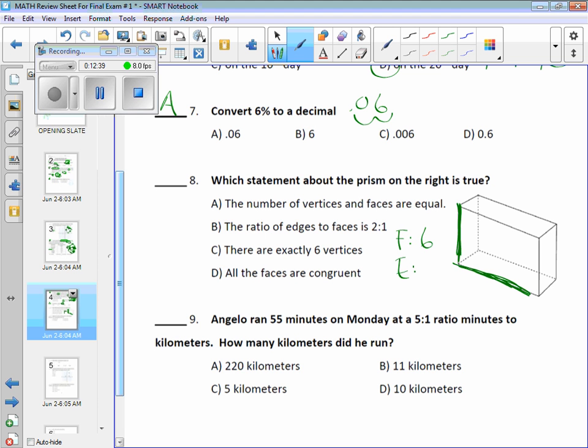There's 1, 2, 3, 4, 5, 6, 7, 8, but not everybody knows that. 9, 10, 11, and 12. So if you have trouble knowing that formula, just bold the stroke or count it that way, and you got 12 edges.